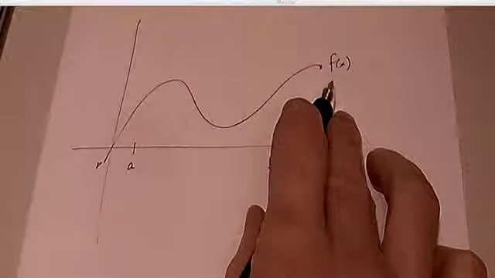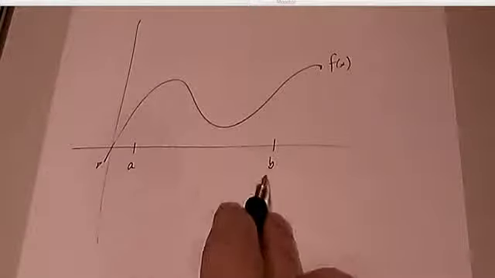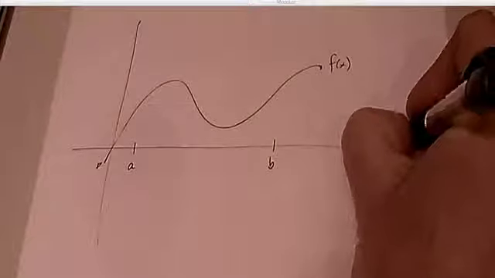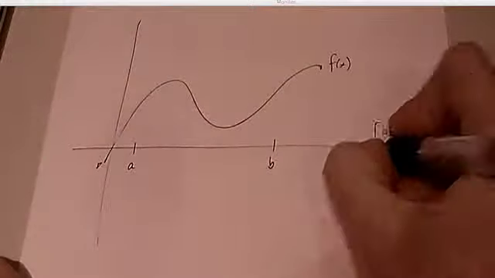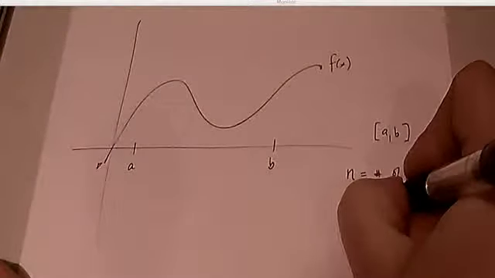First of all, we need the function, or some sort of representation of it. We need the interval, which we will always refer to in these circumstances as AB, and we will need the number of subintervals or subdivisions.